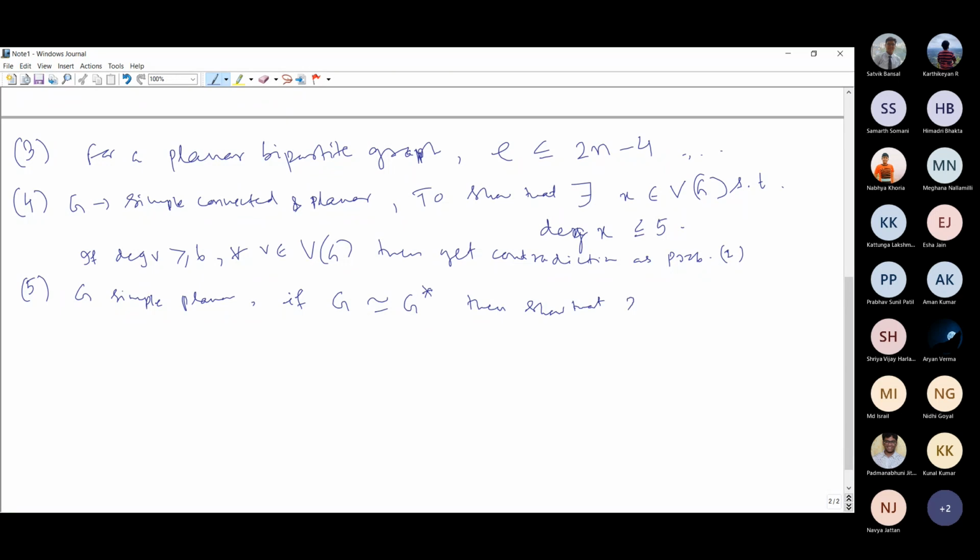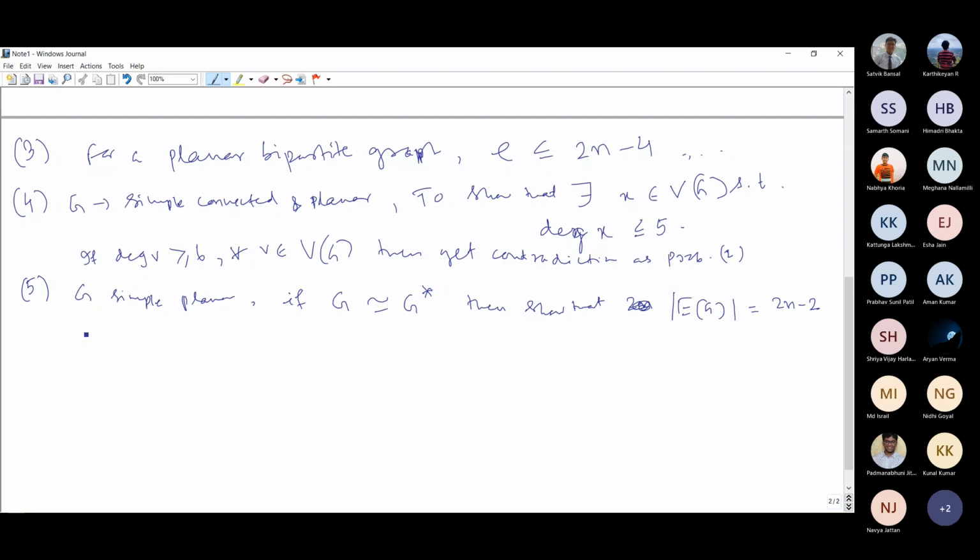How can you prove this? Do you remember the dual graph? How we have drawn this dual graph? By exchanging the faces and the edges. So look at the parameters.